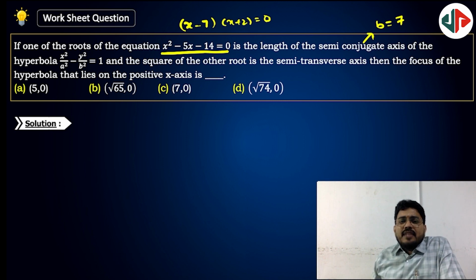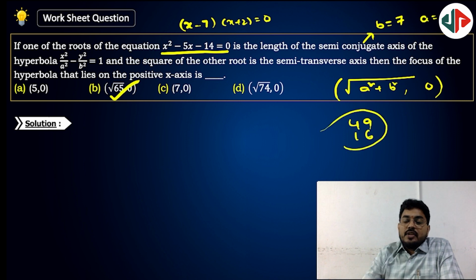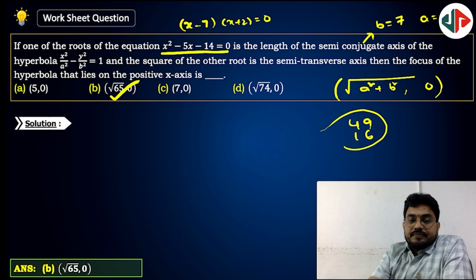And square of the other root is the semi-transverse axis square. So a is equal to 4. Then the focus of the hyperbola, that is root over a square plus b square comma 0. So 49 plus 16, so the answer will be root 65.